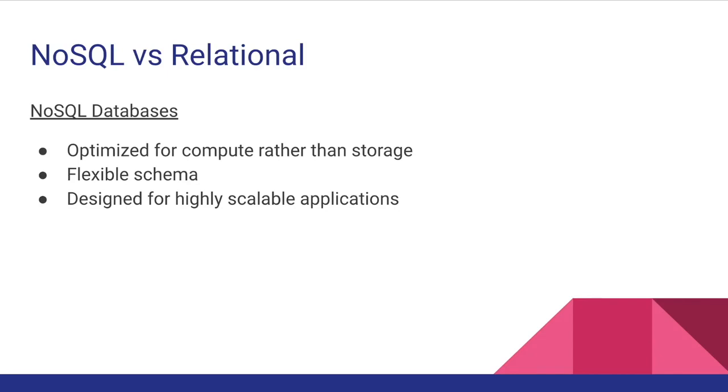Also, NoSQL databases provide flexible schemas, so items with different numbers of attributes can be in the same table. And the main advantage of NoSQL databases is that they scale quite well horizontally. I'm not going to go deep into horizontal scaling at this moment.